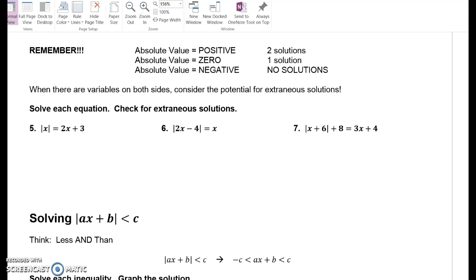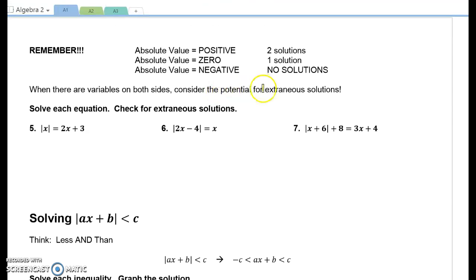When there are variables on both sides, we must consider the potential for extraneous solutions. Now, I know that you've seen that term before. Do you remember what it means? Let's break it down. What are the first 5 letters of the word? Extra. Extraneous solutions are extra solutions.